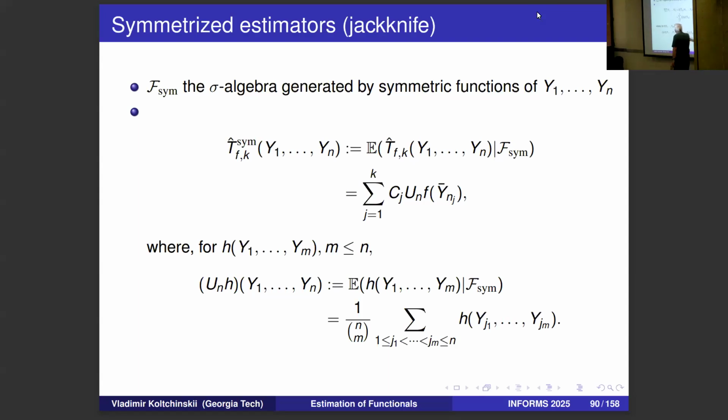If we have a function of m variables, where m is less than n, then the conditional expectation for this function will be just a U statistic. This is basically the way U statistics are introduced: to symmetrize statistics like this, that do not depend on all variables or are not symmetric. That's just the way to create a U statistic, by this conditioning.